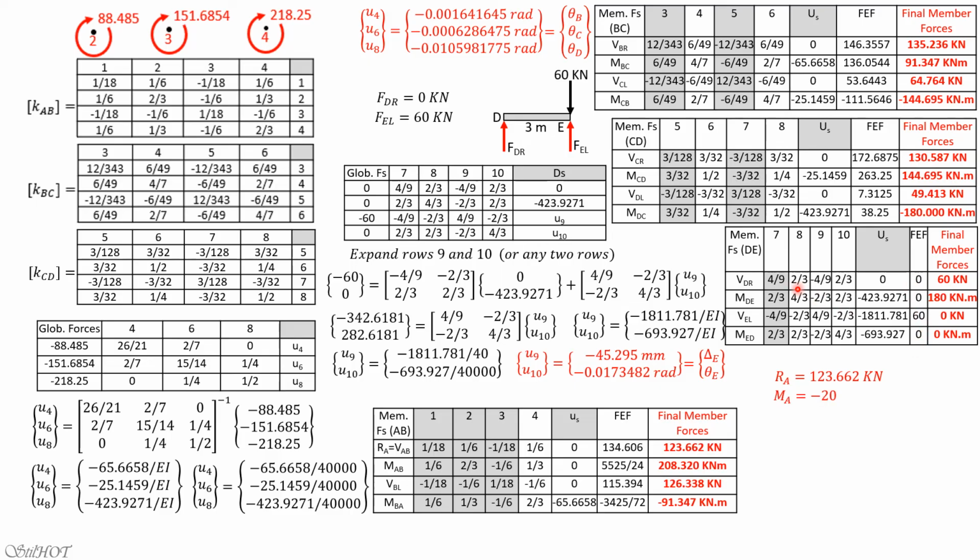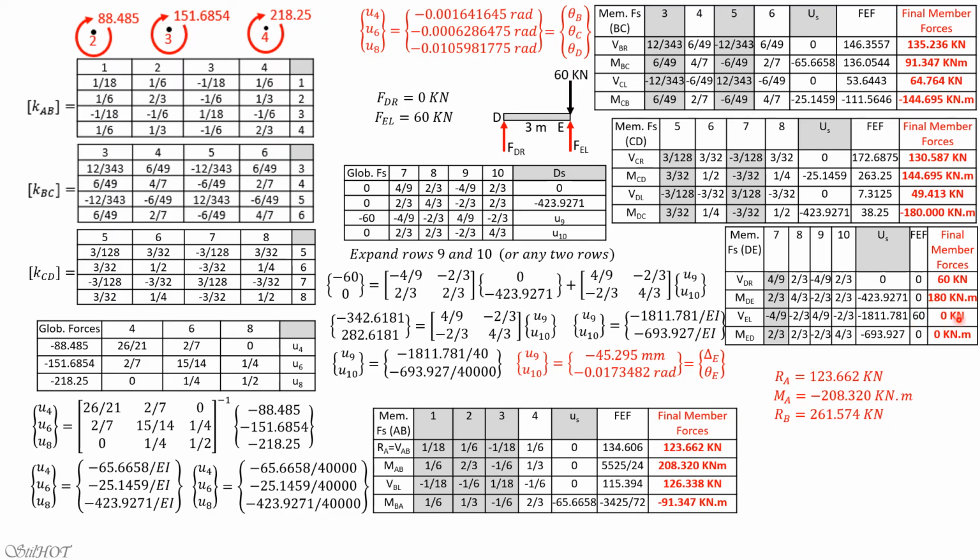Then sample calculation for this row 3 here, negative 2/3 times negative 423.9271 plus 4/9 times negative 1811.781 plus quantity negative 2/3 times negative 693.927 plus 60.